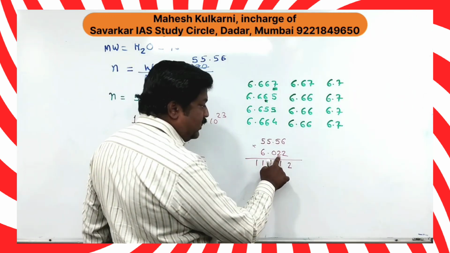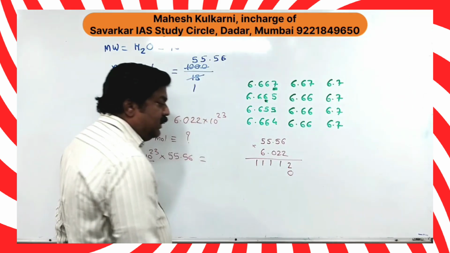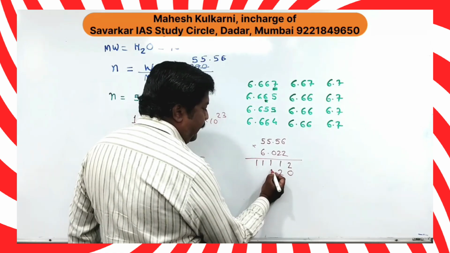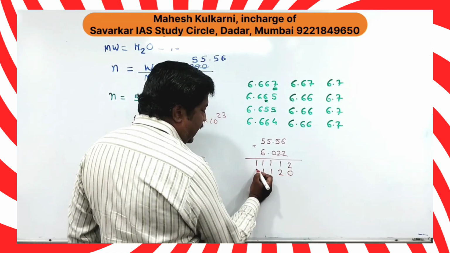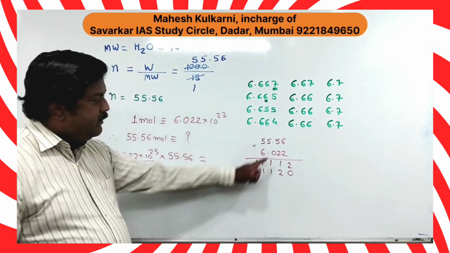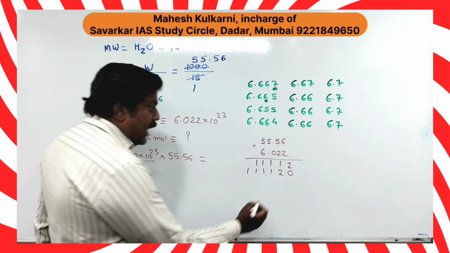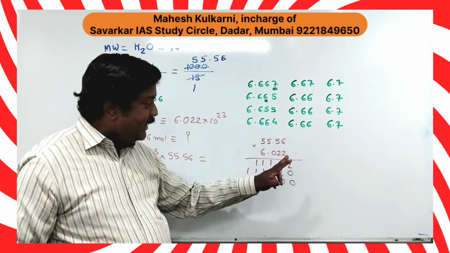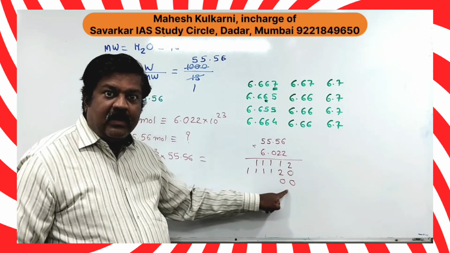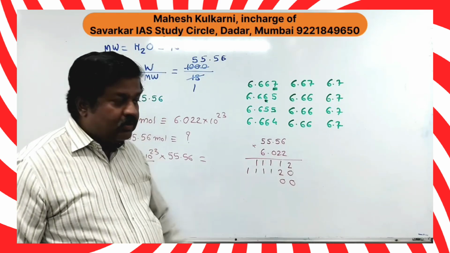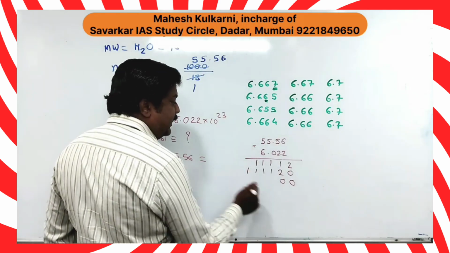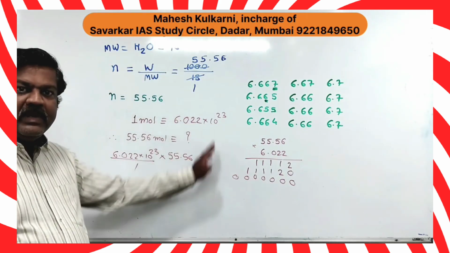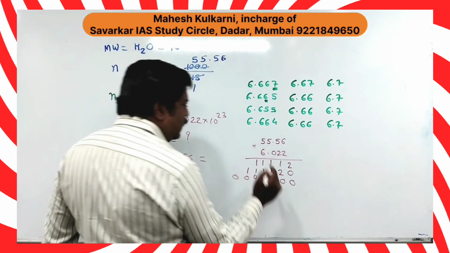Now this second 2, I have to multiply, so I will put 0 here and then multiply, but the multiplication will be the same, as we are aware, the same figure. Now I have to put 2 zeros. No doubt, I have to multiply by 0 only here, but still I should not forget to put 2 zeros over here and then multiply by 0. So everything is 0, but I will keep the digit as it is. And now 6.